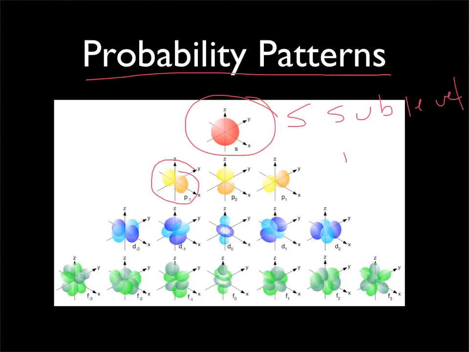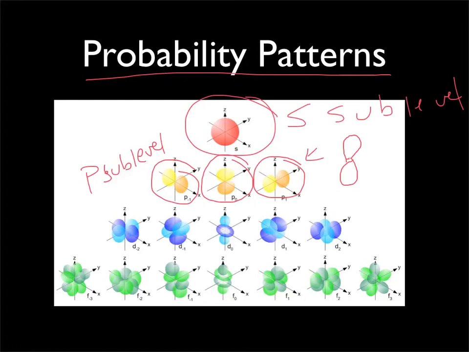It has these dumbbell-type shapes, and there are 3 of these. Remember we talked about how the P sublevel has 3 orbitals. These are the orbitals. This is the probability pattern. In other words, we plotted points where we knew the electron was till we got a shape.